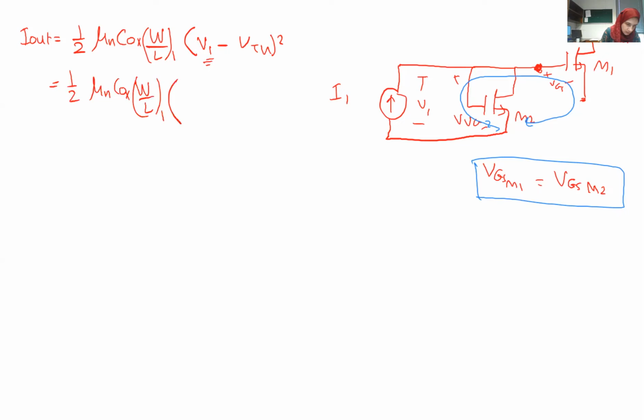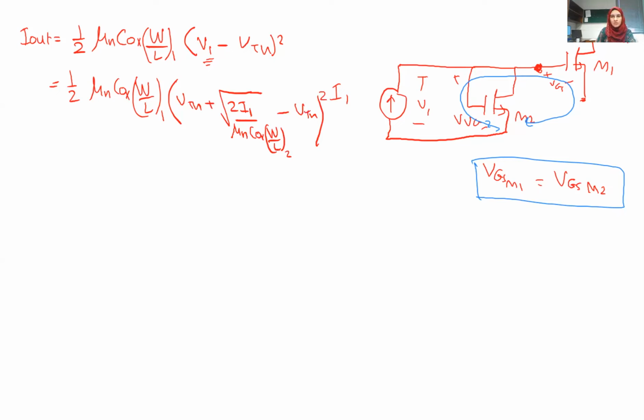Now let's replace V1 with that relation. It will be V threshold plus the square root of 2 I1 divided by mu n COX W over L of M2, and sorry, minus V threshold. And this is all squared.